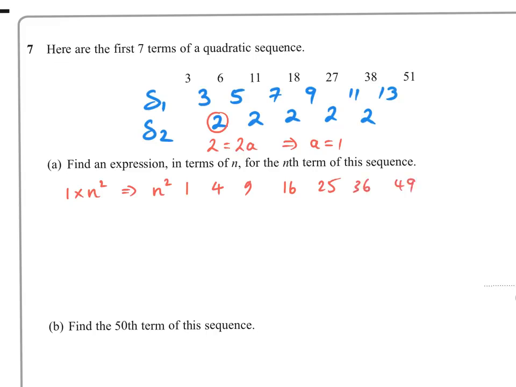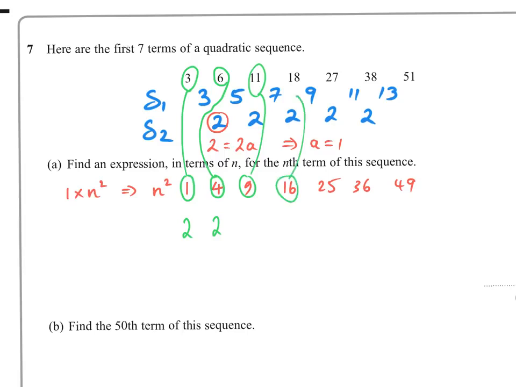And if I do a quick comparison of the one lot of square numbers to where I need to be, which is 3, I can see I need just 2. If I look at 2 squared and compare that to where I need to be, I need to add 2 again. In fact, look, it's always adding 2 more each time. So my expression would simply be one lot of the square numbers, i.e. n squared, always adding 2.